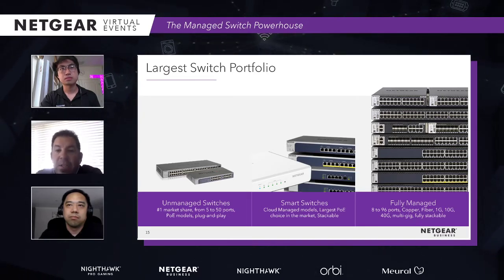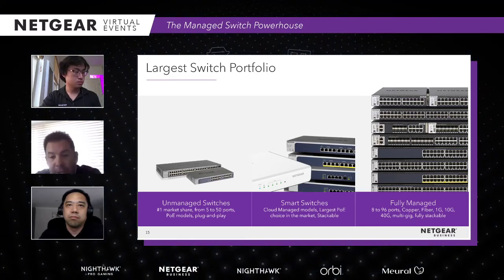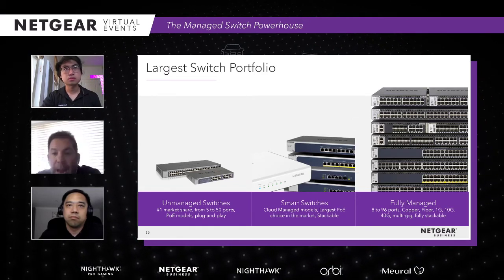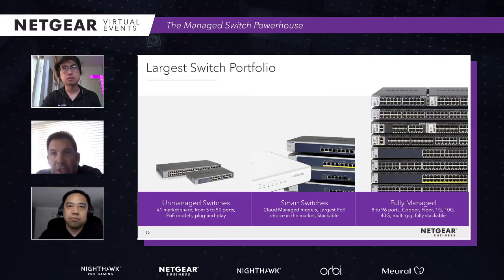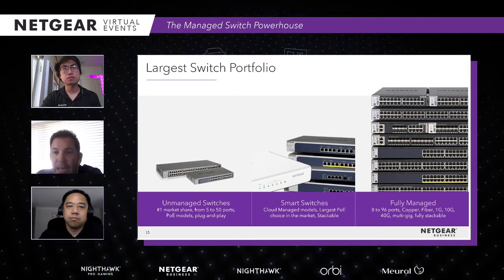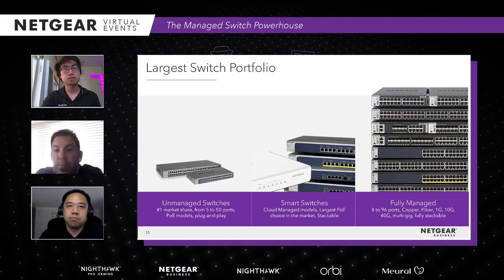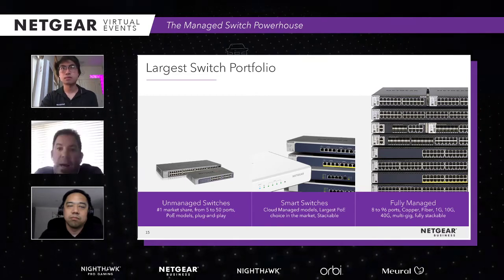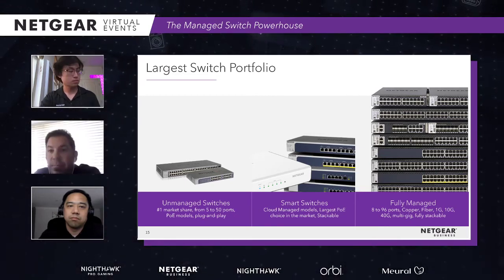Smart switches are great. We're not talking about those today, but that's probably our most popular category, because smart switches share very similar feature sets to the fully managed series of switches. What I mean by that is a smart switch can do VLANs, so can a fully managed switch. A smart switch can stack and do PoE, PoE plus.